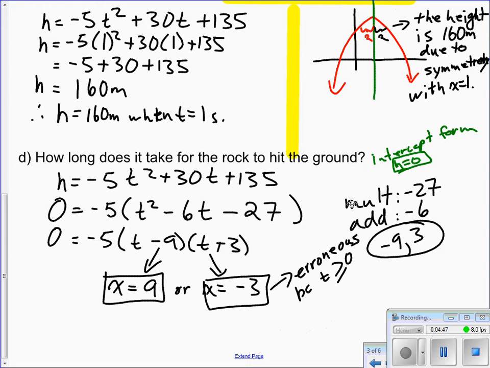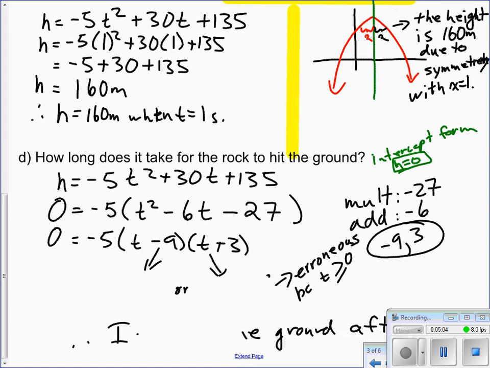Now, x is negative 3 is erroneous because if you think about it, our t values, not x values, are greater than or equal to 0.